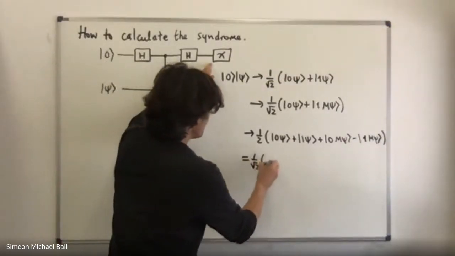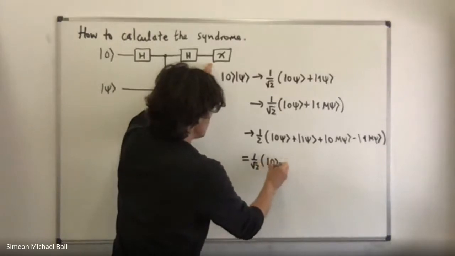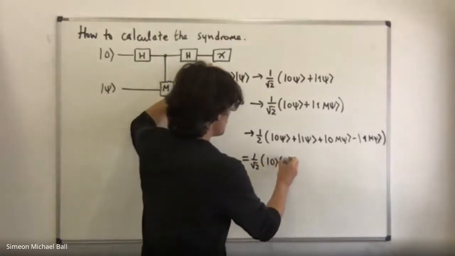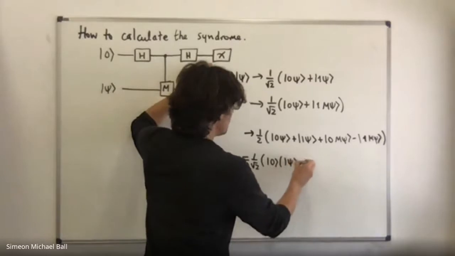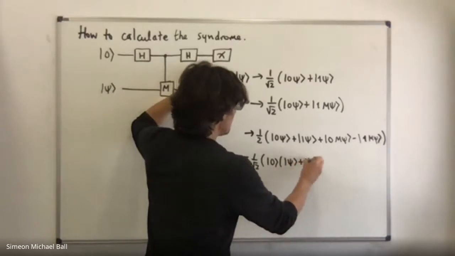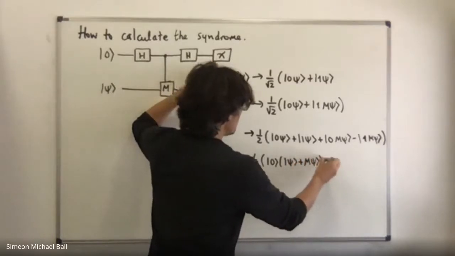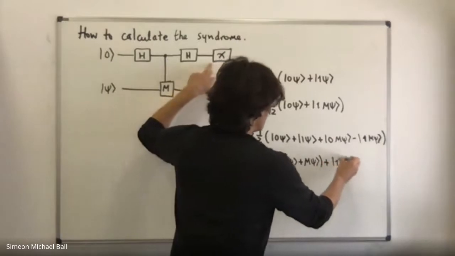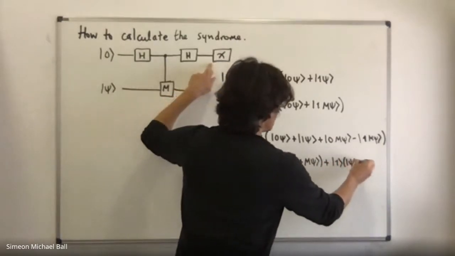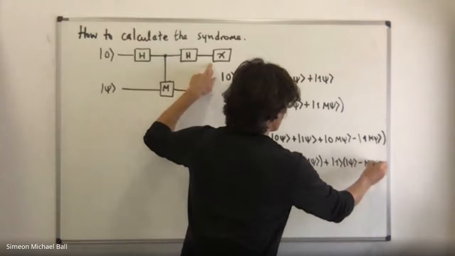So that's, let's write it as 0. What have we got? We've got psi plus M psi, 1 psi minus M psi.